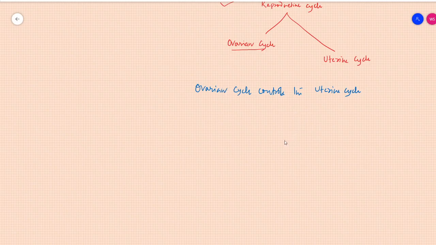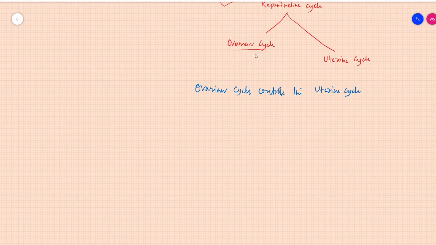And then what happens? The sperm reaches the ampulla. There is fertilization, and the fertilized ovum, which is now called the zygote, moves down the fallopian tube and enters the uterus and gets implanted in the walls of the uterus.